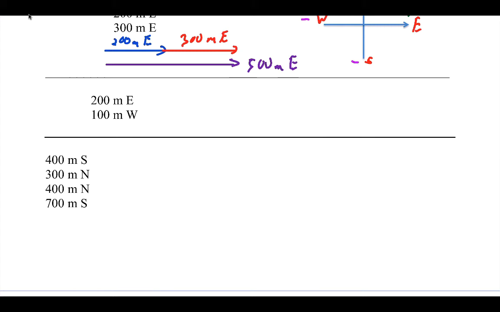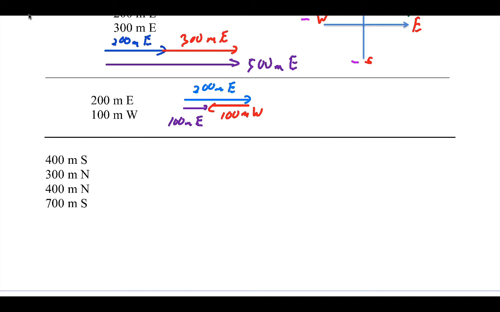Let's say again I start off going 200 east. But 100 west, now I've got to begin at the end of the first arrow and come back the other way, because west is the other way. And again, the net, or the sum of those 2 vectors, is the beginning of the first to the end of the second, which would be 100 meters east.